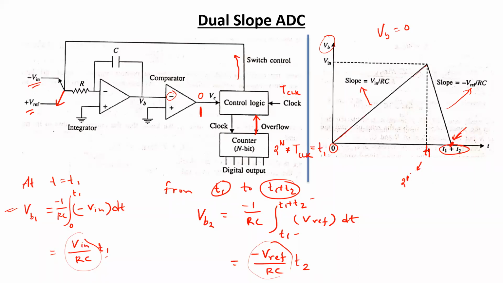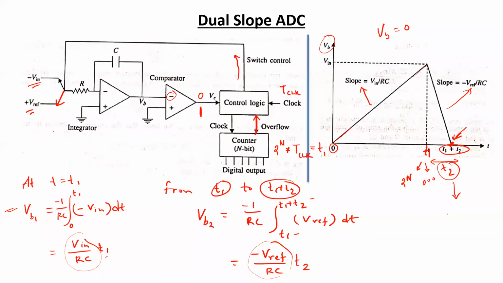So it has done 2 to the power n number of counts. Then it is getting reset to 0, 0, 0 again, whatever the number of bits. Then for T2 duration of time, it continues its count again. So the number of counts that it has done for this duration of T2 is going to be a representative of the input analog voltage.